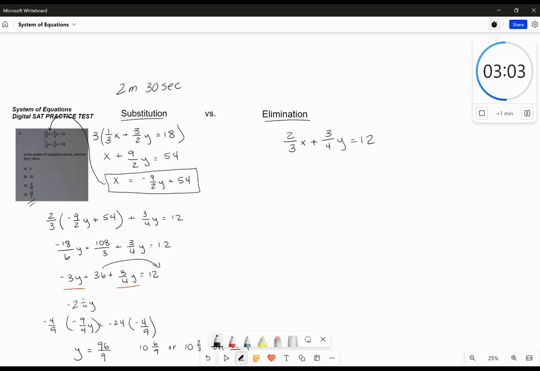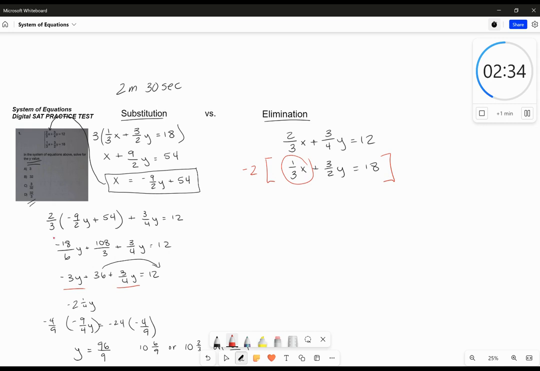And in this case, since we want to solve for y, I'm going to eliminate the x. And to eliminate the x, when you add the two equations together, they have to cancel out to equal 0. So I could change this to negative 2/3 pretty easily by multiplying the entire thing by negative 2.